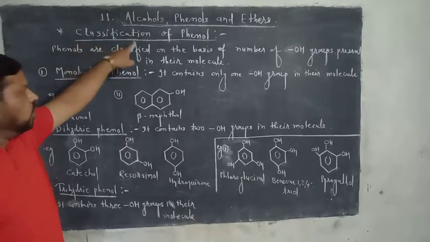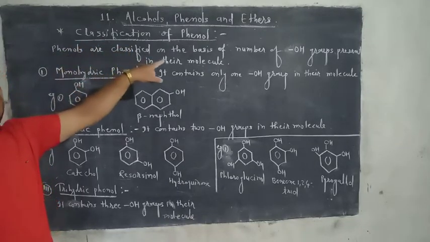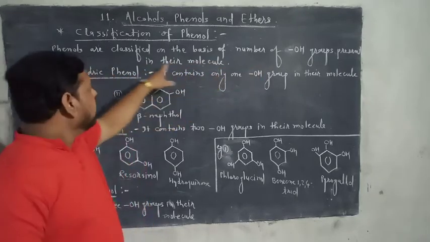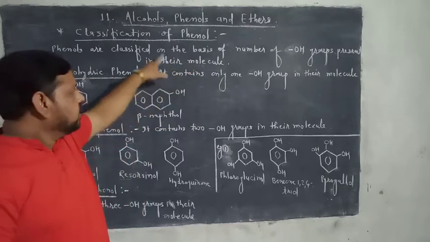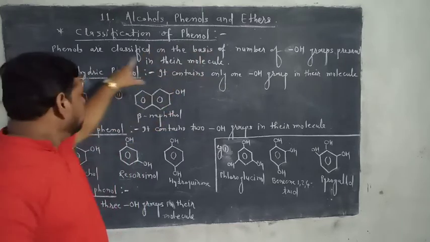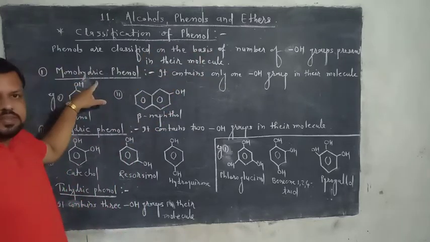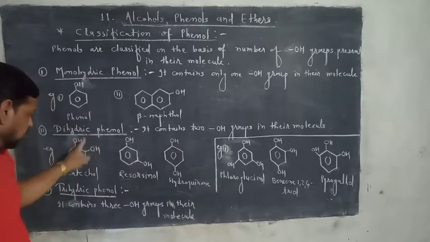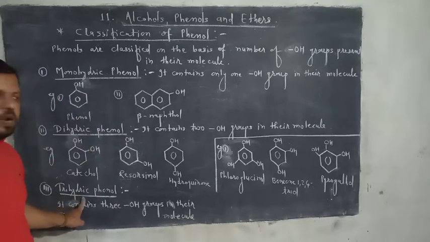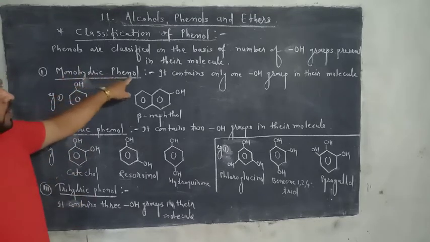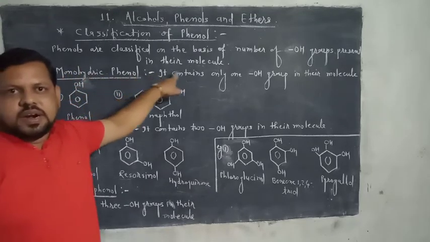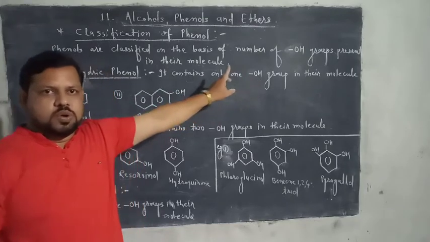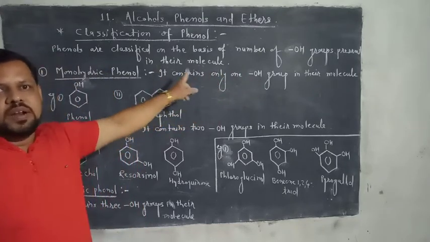Classification of phenol. Phenols are classified on the basis of the number of OH groups present in their molecules, just like alcohols. There are three classes: monohydric phenol, dihydric phenol, and trihydric phenol. First, monohydric phenol contains only one hydroxyl group in its molecule.